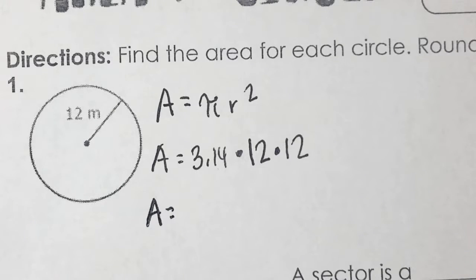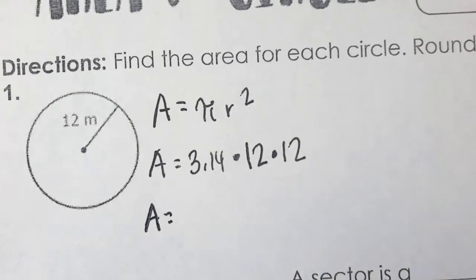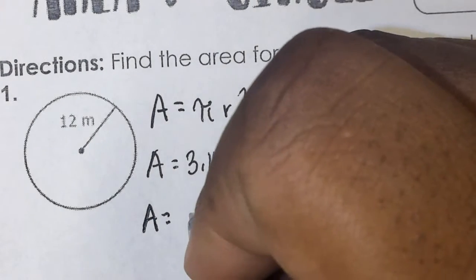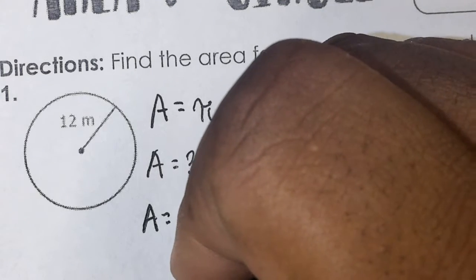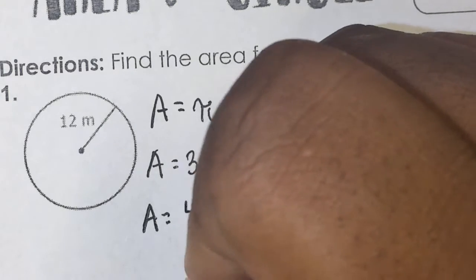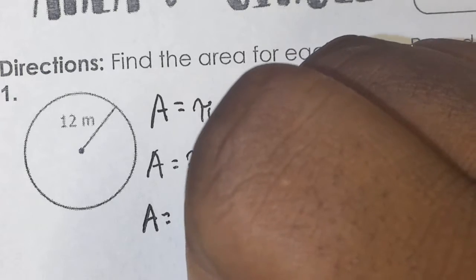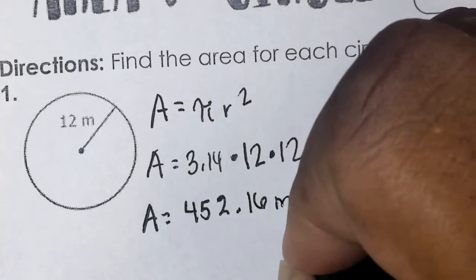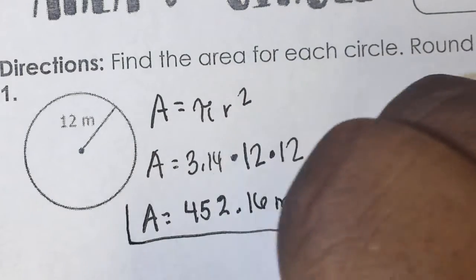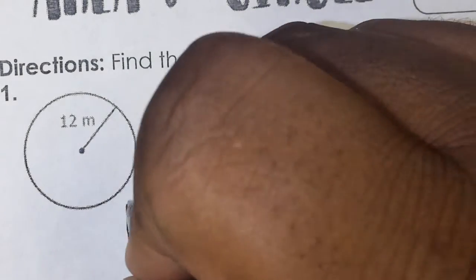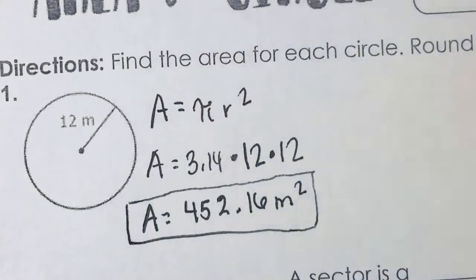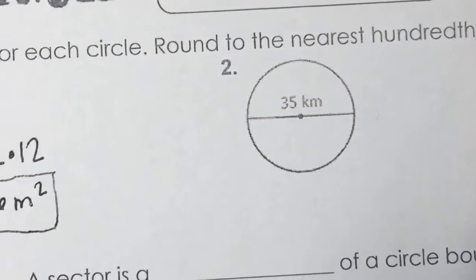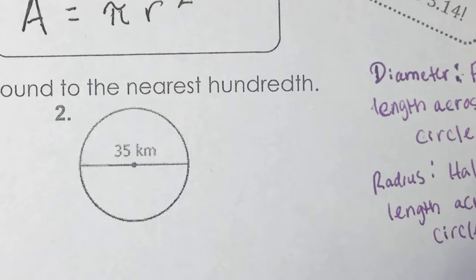Oh, area to the nearest hundredth. 452.16. Good. This is meters squared. It's area, so we're still squaring our units. Sweet. Number 2.